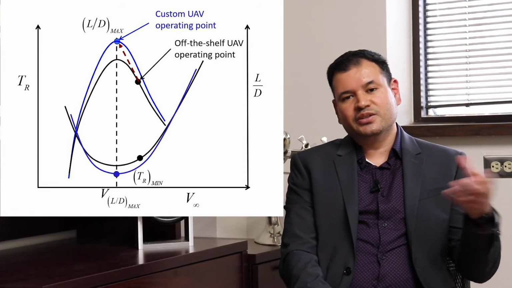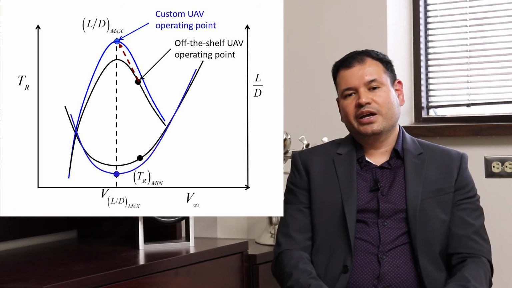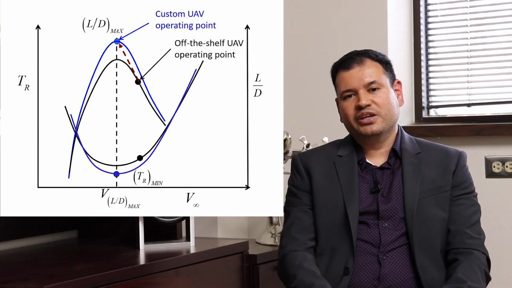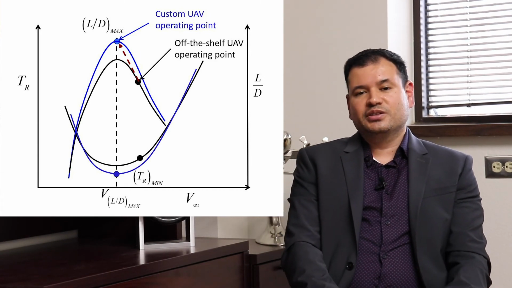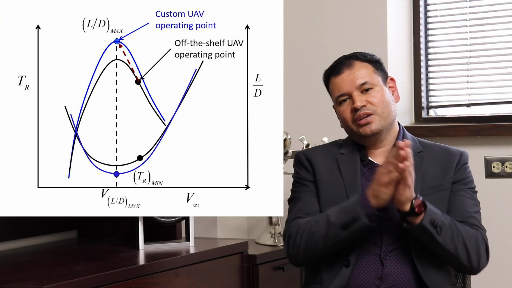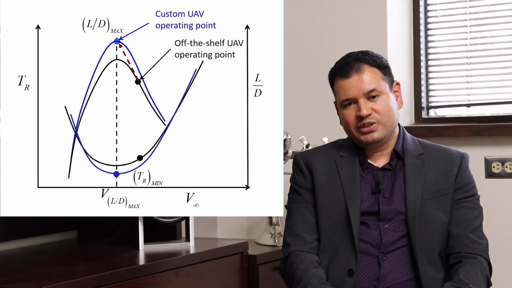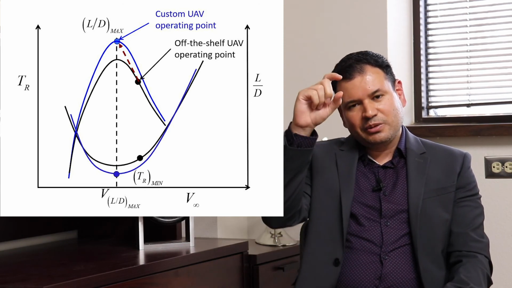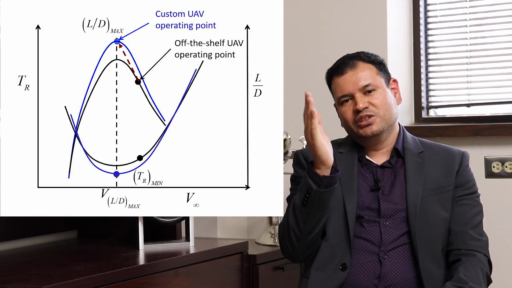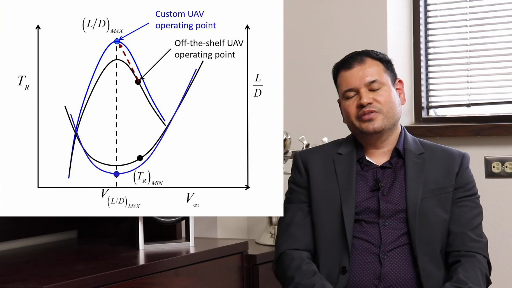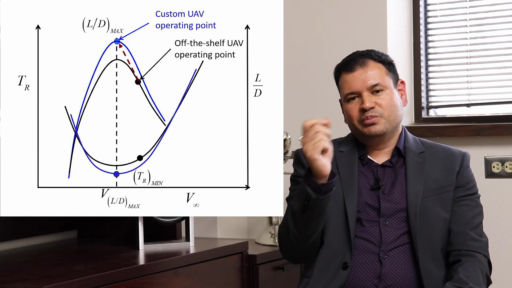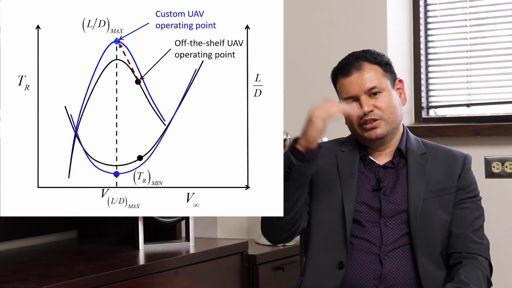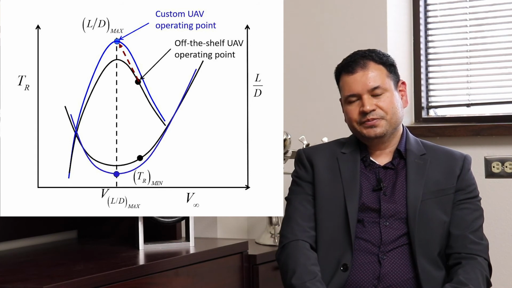He may fly at a certain speed, others may fly at a faster speed or put a different payload, and that's always going to move you away from that maximum L over D. As we show in the plot, you have the maximum L over D, and to the left or to the right of that maximum point, depending on your velocity, your lift-to-drag ratio decreases.